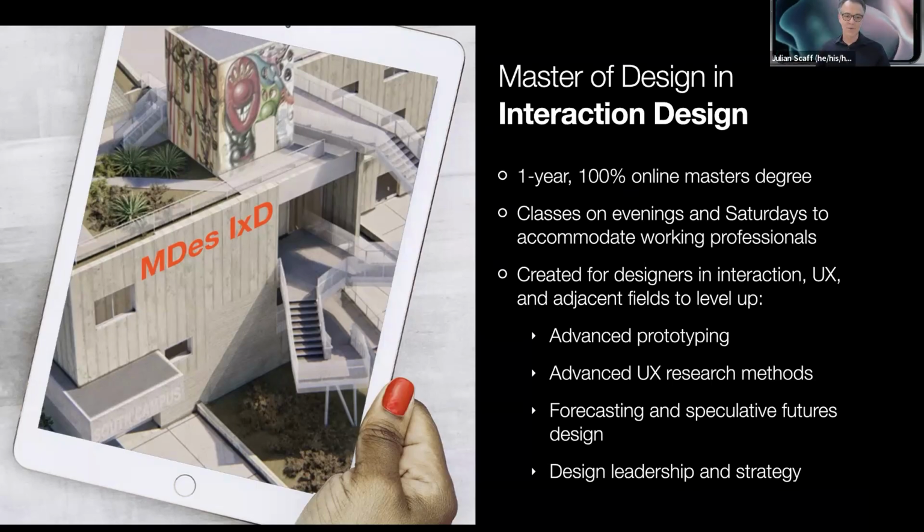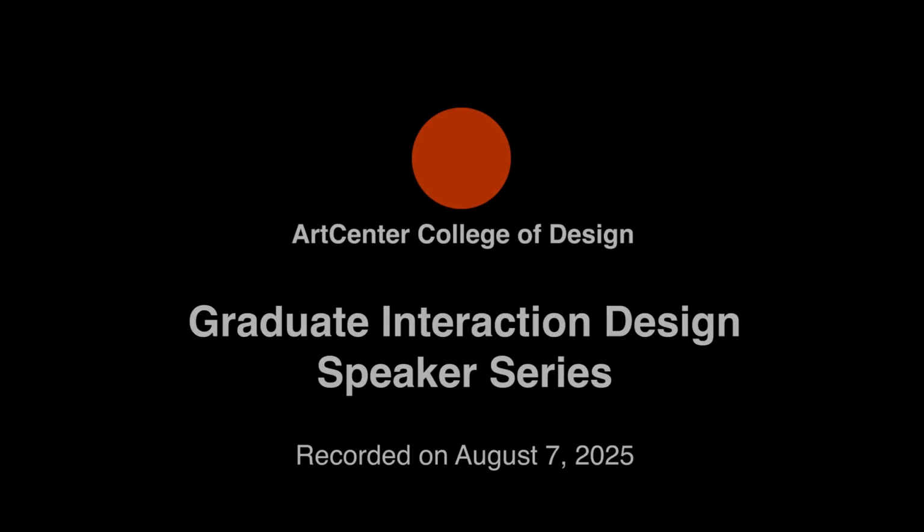And so we're seeing also that graduates with an advanced degree and with some more experience and some more fluency in these emerging technologies are more prepared for these more plentiful senior level and leadership roles.